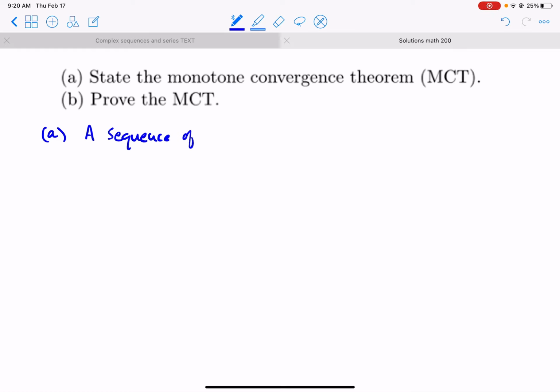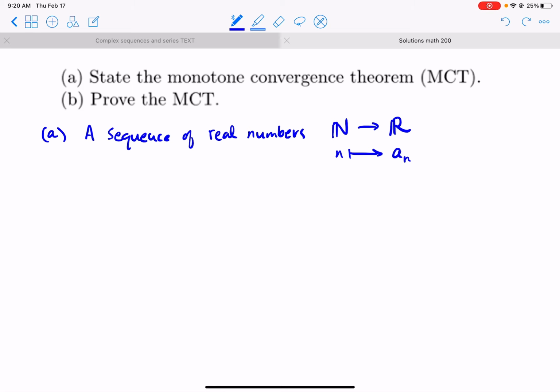A sequence of real numbers. Let's say, a sequence is a map from the natural numbers into the reals. It's picking out infinitely many real numbers that we call the a sub n's. The a sub n's are real numbers. You have one for every natural number, and there's infinitely many of these.